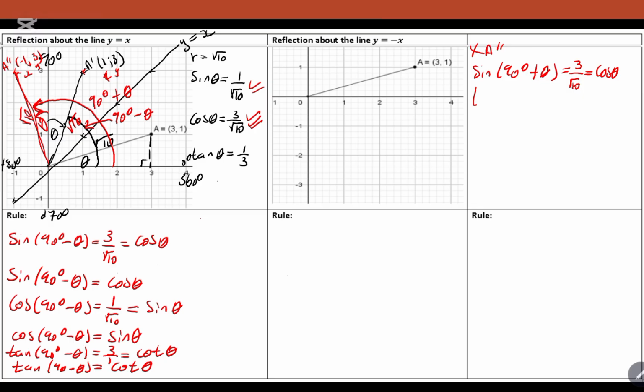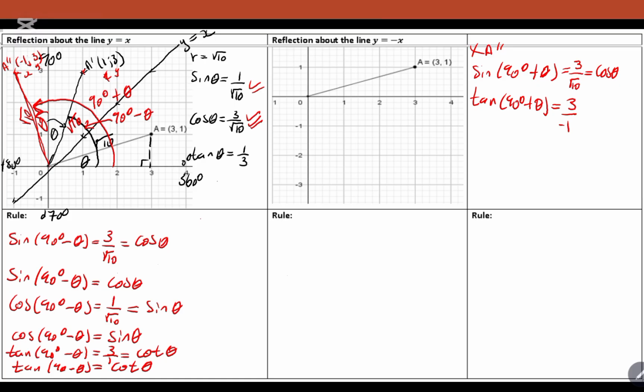Now, what is tan of 90 degrees plus theta? Now, this angle is here in the second quadrant, so the ratio will then be y over x, so that will be 3 over -1.